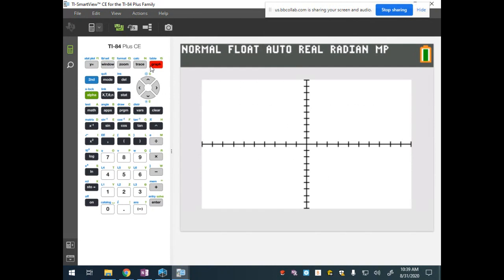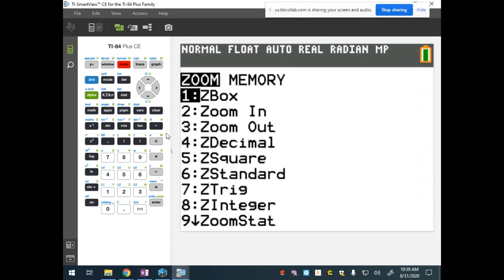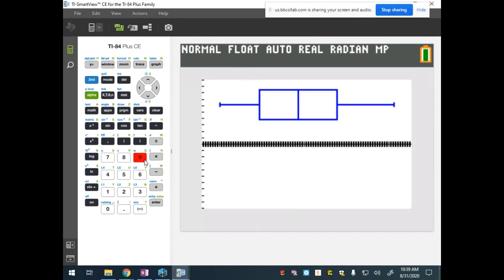And so you're probably thinking, I did something wrong. No, you didn't. Go to zoom and hit 9. Zoom 9. Zoom what? 9. Now you can hit trace and you can plot between the values there.